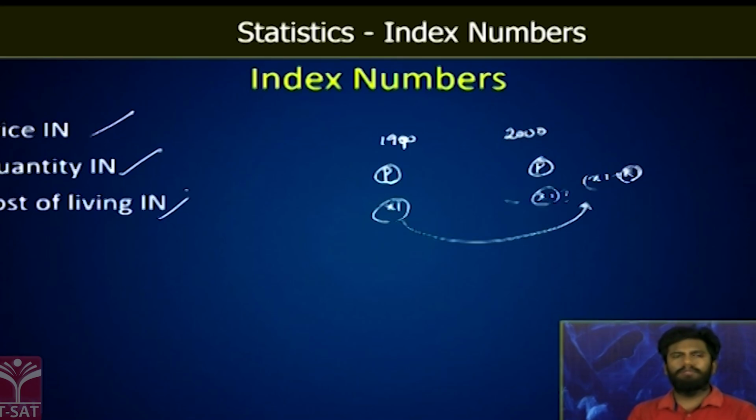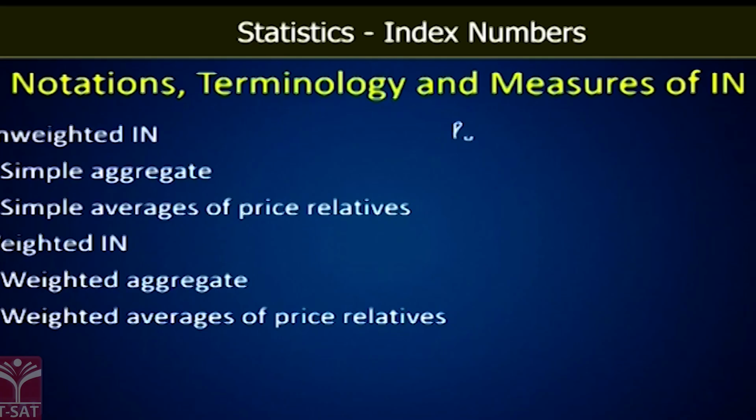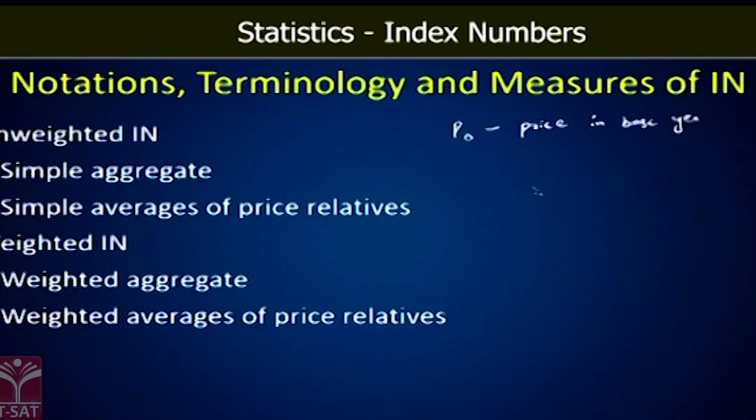Next, we will see the basic terminologies and notations in index numbers. First, P0. This P0 is the price in the base year. Now what is this base year? Base year is the year with which we are comparing our values. Let us consider 1990 and 2000.